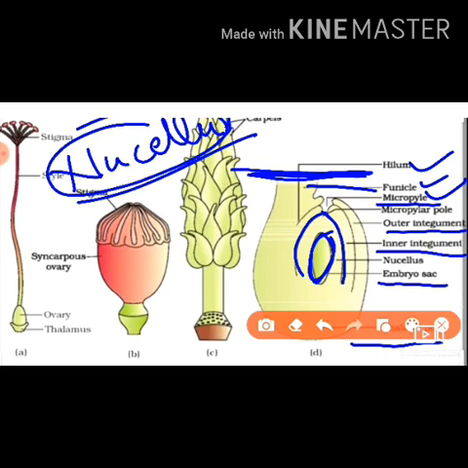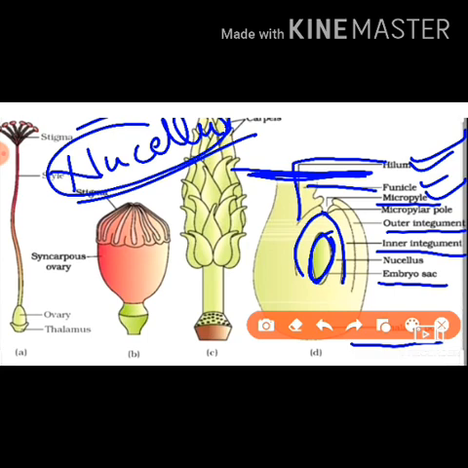This is the body of the ovule. The stalk-like funicle and the body of the ovule fuse at a common point or area. That area we call the hilum. This is the hilum. The hilum connects the funicle and the body of the anatropous ovule.